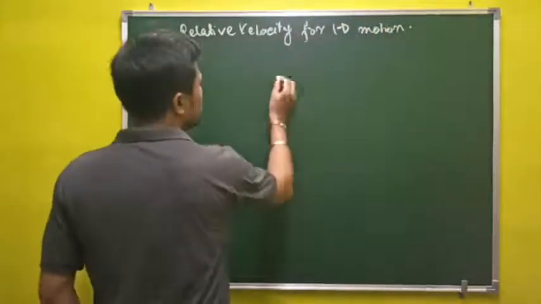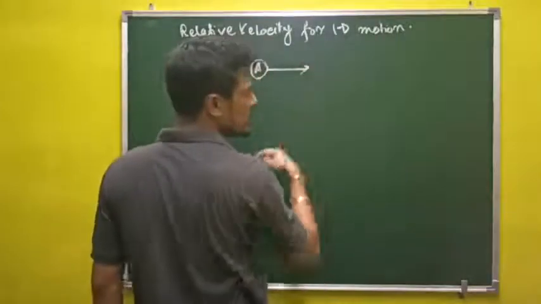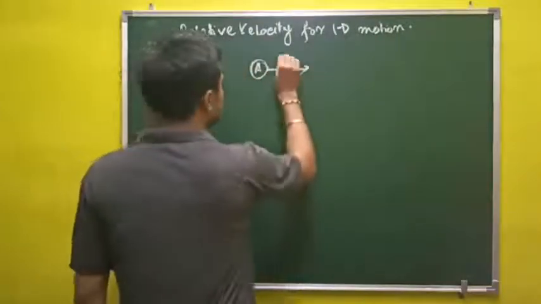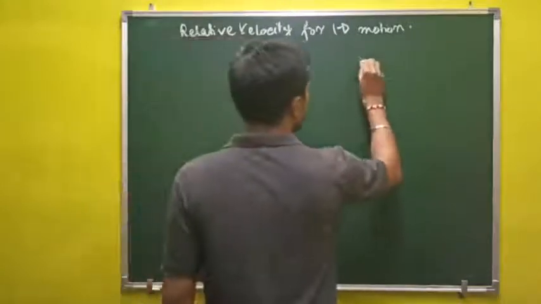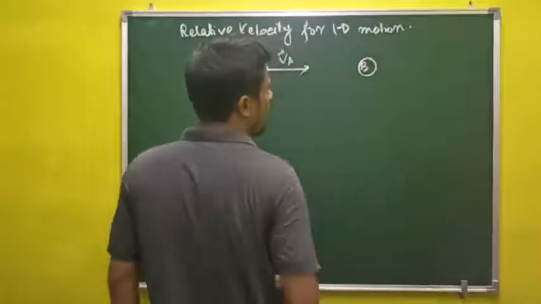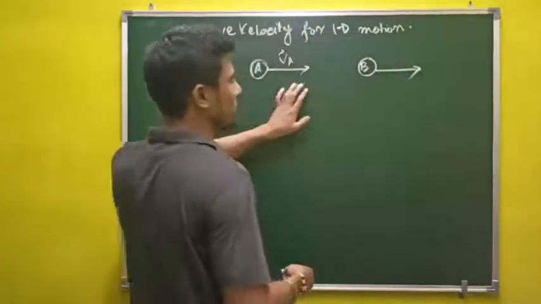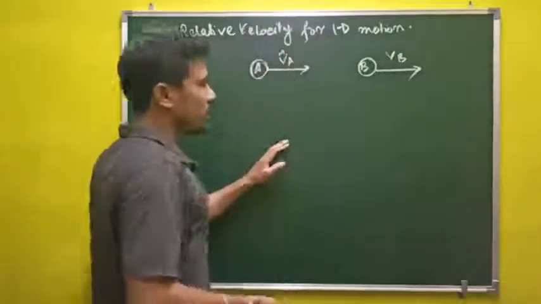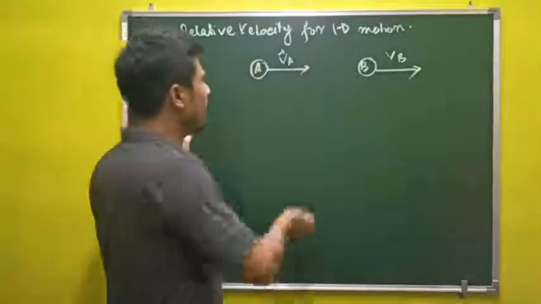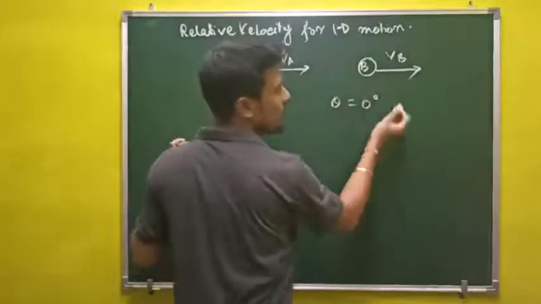Suppose there is an object A moving along this direction with a velocity VA. Another object B is moving in the same direction with the velocity VB. In this case, the angle between A and B is 0 degree.